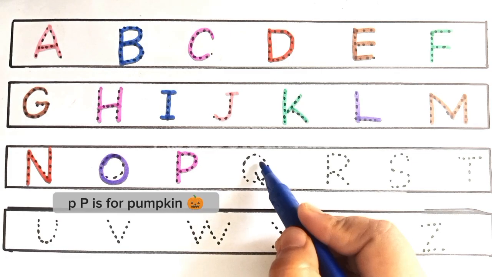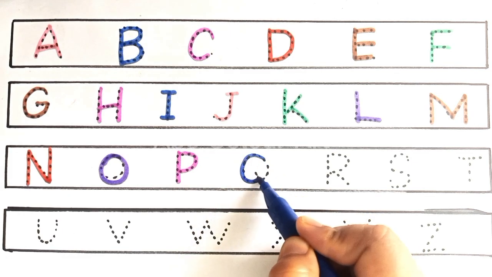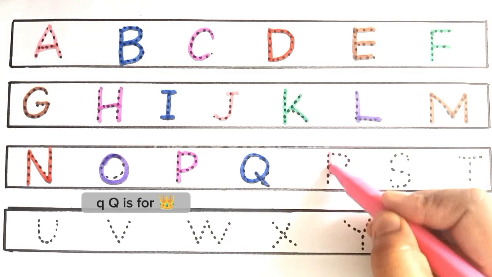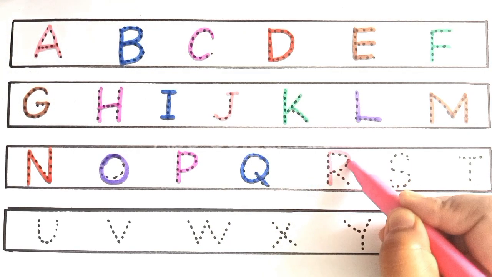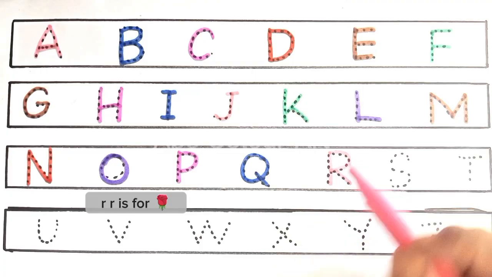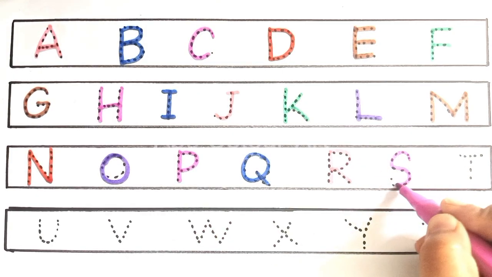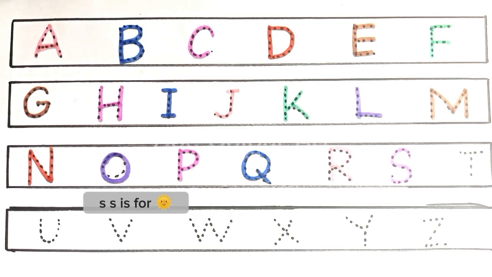P is for pumpkin. Q is for queen. R is for rose. S is for sun.